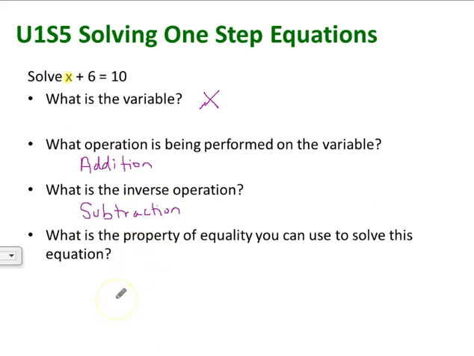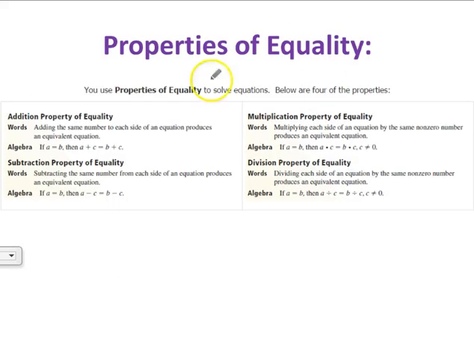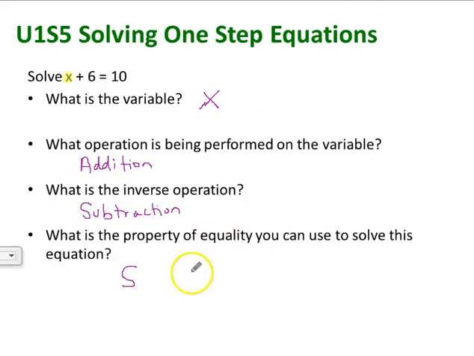And then the formal property of equality that we use to describe that inverse operation is, we look back here, the subtraction property of equality.